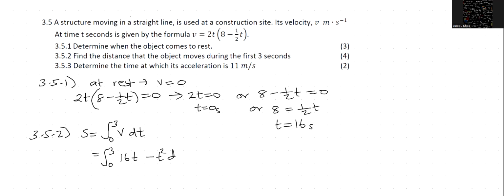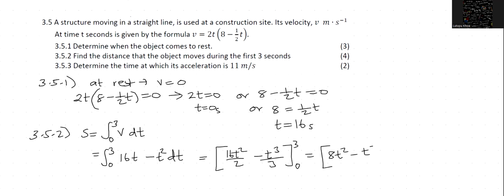Okay, so this is the integral of 16t, that is 16t squared over 2, minus t to the power of 3 over 3, from 0 to 3. This is 8t squared minus t cubed over 3 from 0 to 3.